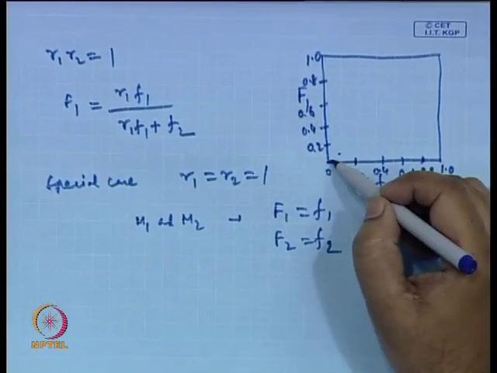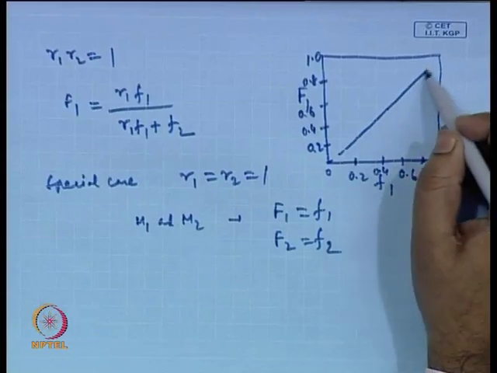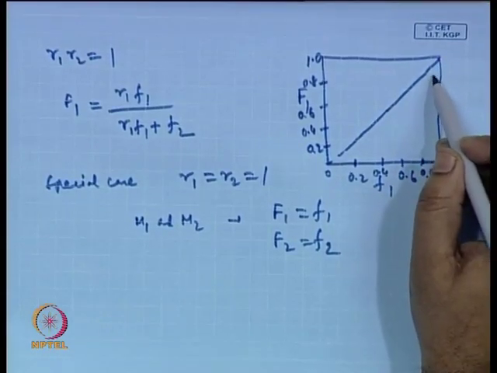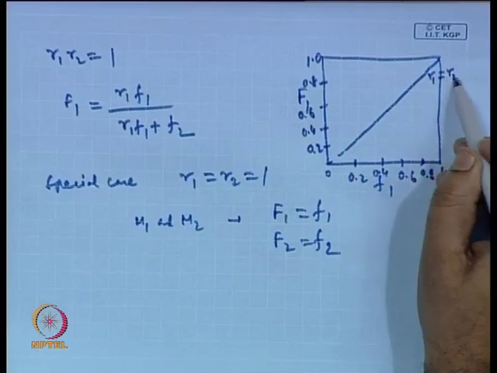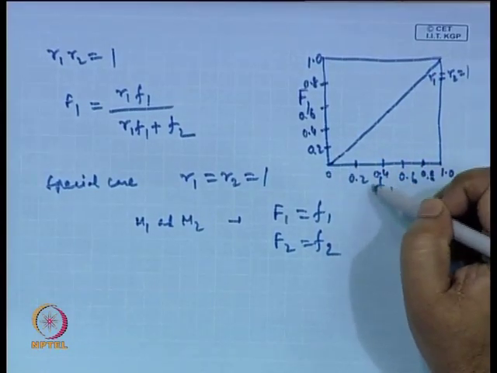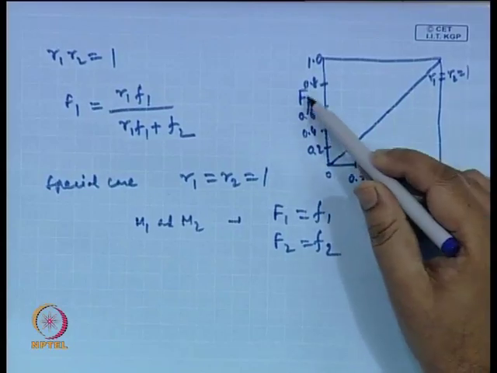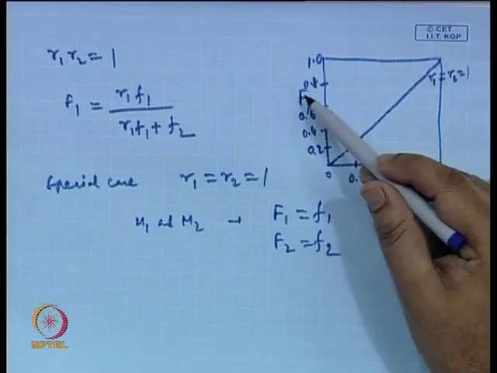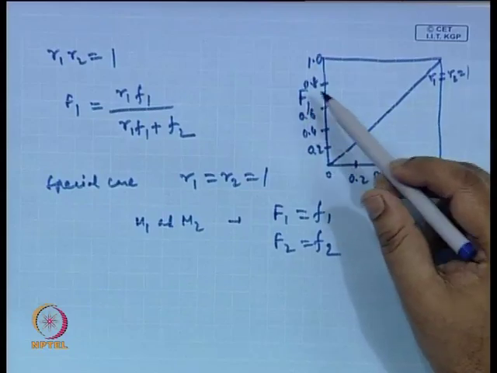Now, when R1 and R2 are 1, whatever the composition in the feed, that is also the composition in the copolymer.